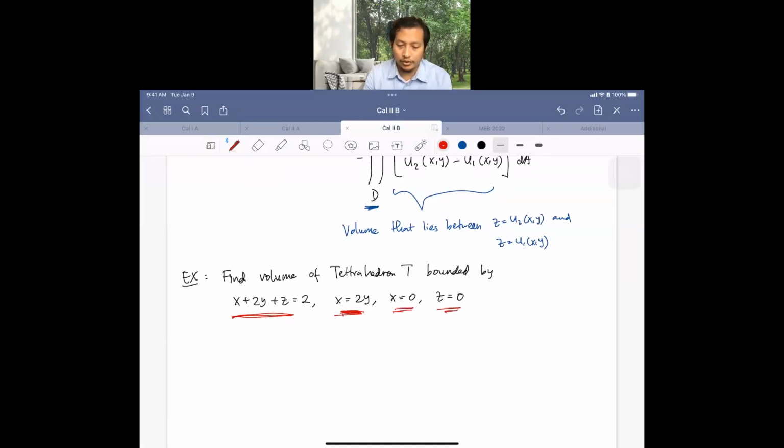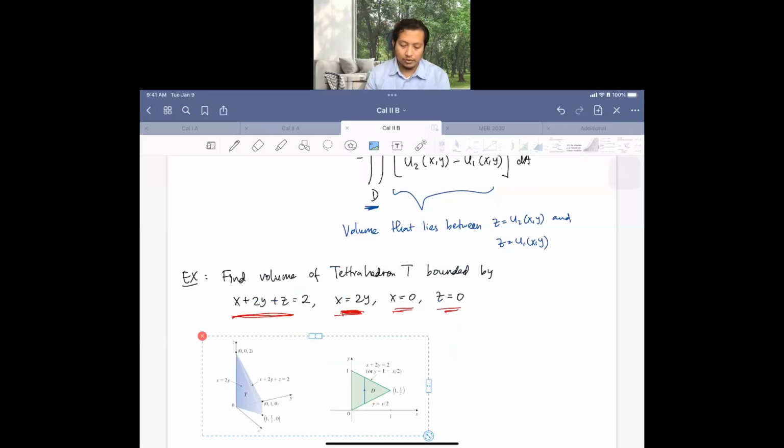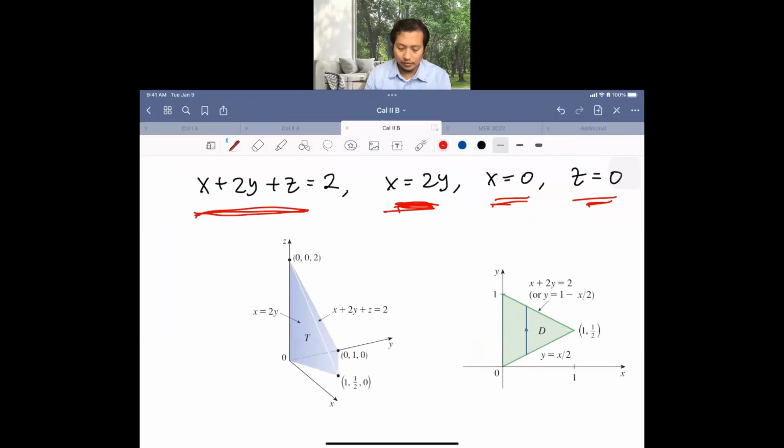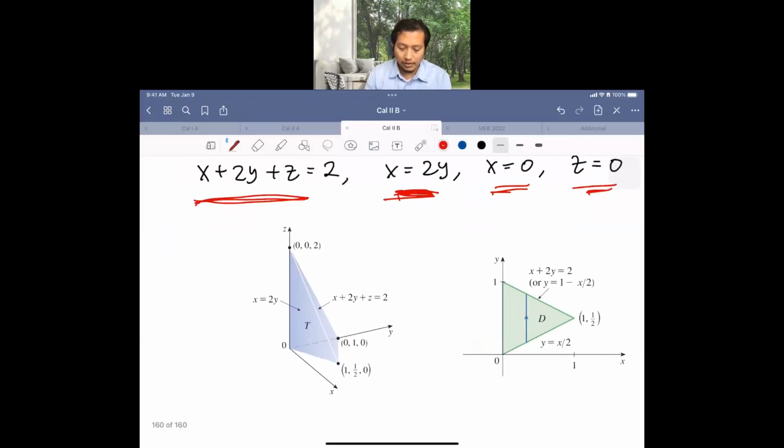And what you could see is we will have this. According to what we have here, the plane should be going through here.